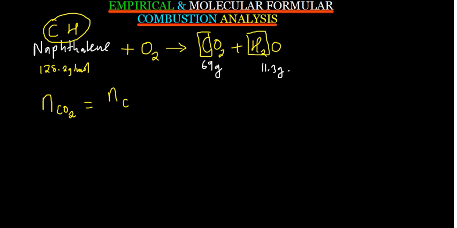So if you find the mass of carbon on the product, that is the same mass of carbon which was on the reactant. And if you find the mass of hydrogen on the product, that is the same mass of hydrogen which was on the reactant side. So that is basically what we are saying.